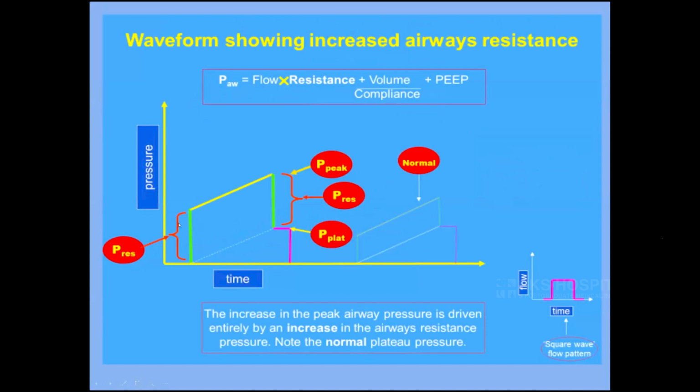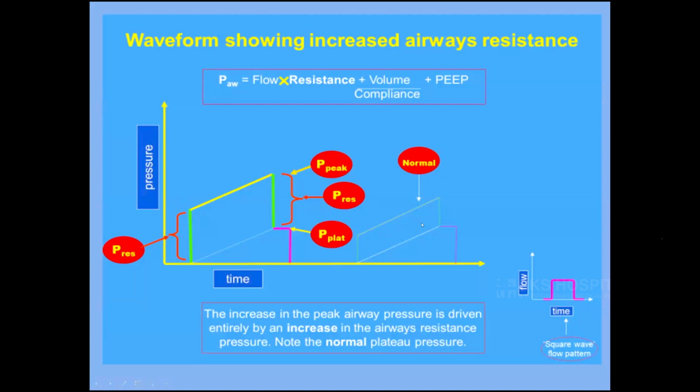If there is an obstruction to the tubing, or there is increased resistance from the upper airways, then the initial pressure to overcome in delivering the breath is high, and that would increase the peak airway pressure. But mind you, the initial resistance that is huge also drops when there is no flow or volume being delivered, and it would give a normal plateau pressure.